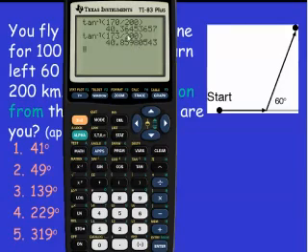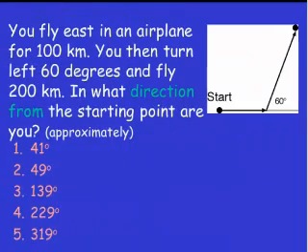And when I wrote this problem, I actually used the unrounded value. So sometimes we get some slight discrepancies, which usually will come out in the wash if you just don't do your rounding till the end. So the correct answer here is 41 degrees.